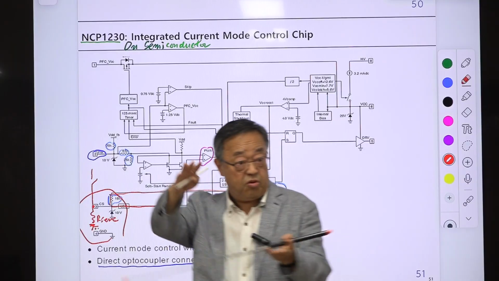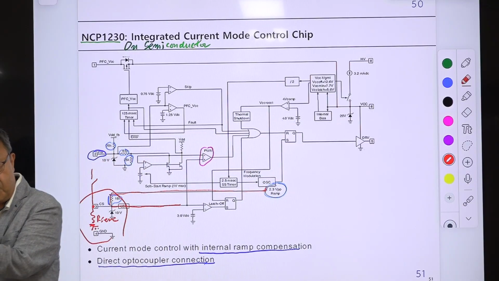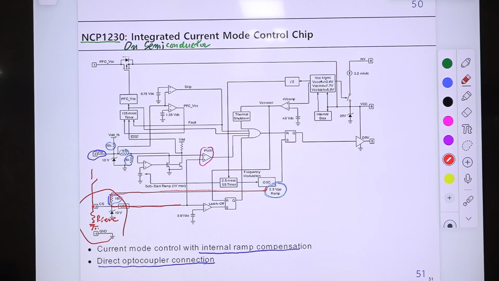If the peak value is reduced, the slope is decreased, so you can control the slope of this, and this one goes to the positive terminal of this PWM comparator.